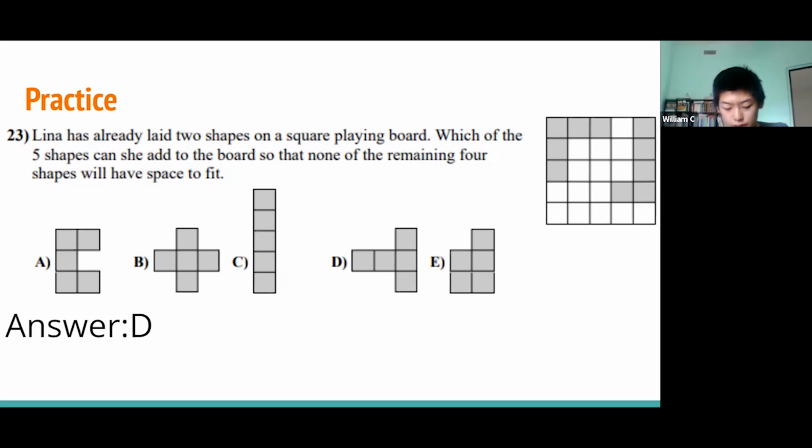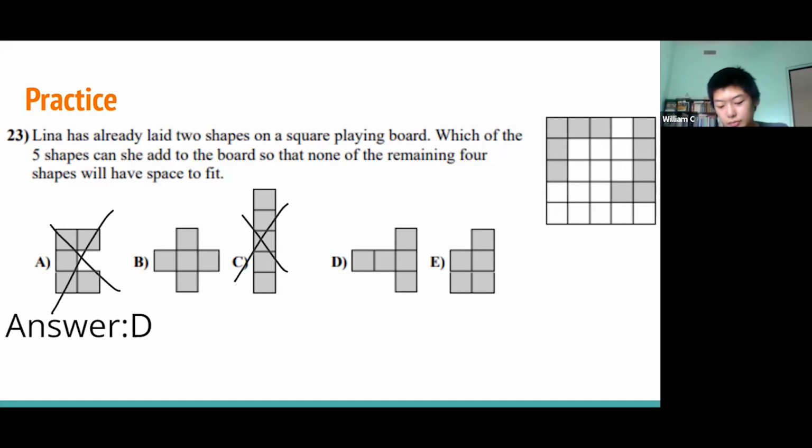For example, the T box fits in here, because the only possible thing for A is this one. However, that's also not right, because E can fit in here. Therefore, A is wrong. Now let's look at B.